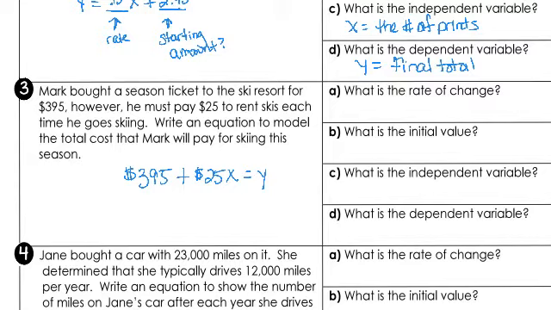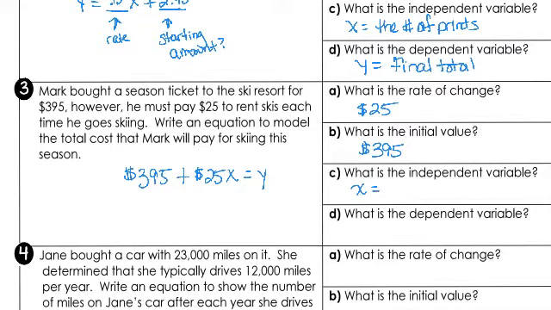All right, so my starting amount is $395 plus $25 times each time I rent the skis is going to equal my total cost. So what is the rate of change? It's $25. What's the initial value? $395. What is the independent variable?